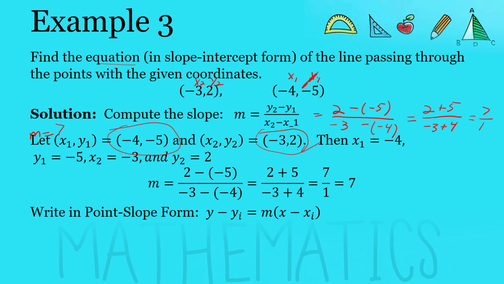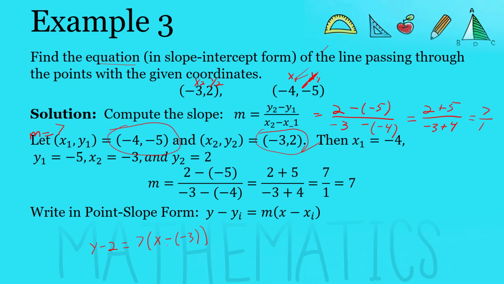So doing the substitution and using this point right here, we will have y minus the y coordinate over here, which is 2, and that's going to be equal to the slope times x minus negative 3.